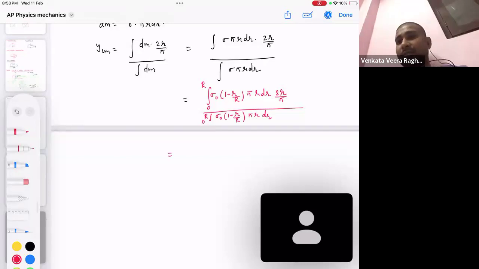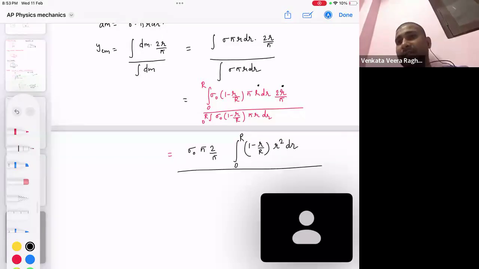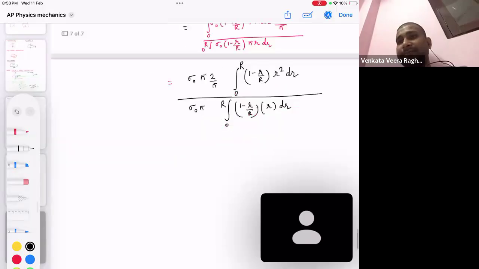Now simplify it. Sigma naught outside, pi outside, 2 outside, pi outside. So we have 1 minus small r by capital R, this is another r, so r squared dr, limit from 0 to R. Denominator: sigma naught outside, pi outside, 1 minus small r by capital R and another r, and dr. I hope the simplification can be done after that.